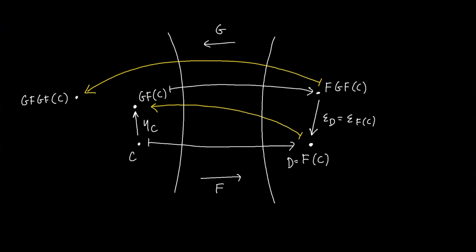If I may take a stab, there is at least one eta going from GFC to GFGFC, right? There is one, yes, indeed. Let's draw that in. So this is eta of GF of C.